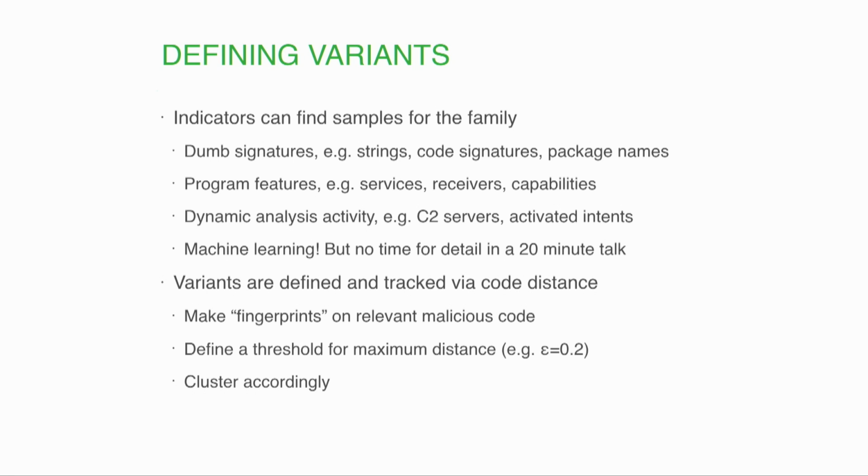We also look at the program features, such as the services, the receivers, the capabilities, the permissions, and we take the activity through dynamic analysis, such as the command and control servers that they contact, and we take all this information and we train up some machine learning programs, and we use it to make recommendations as to what the type is and possibly even what the family is based on how close it is to other things in that area. But we now have a pool of samples that we can look at that we want to put through this very quick automated sorting hat that uses code similarity.